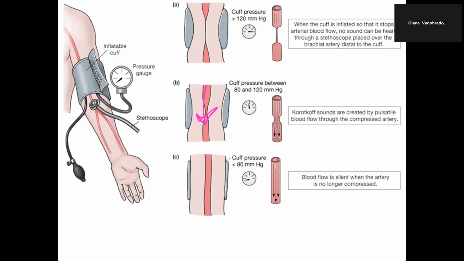We can hear heartbeats by stethoscope. But when the blood pressure in the cuff becomes equal to the blood pressure in the arteries, at this moment we stop hearing the heart sound. And this number will be equal to the diastolic blood pressure value.